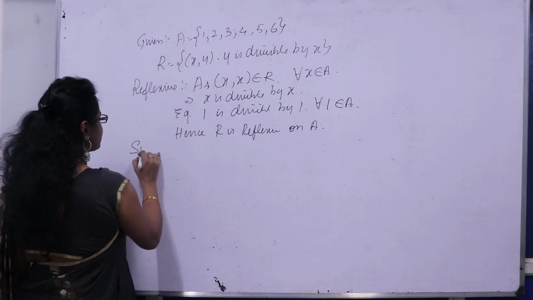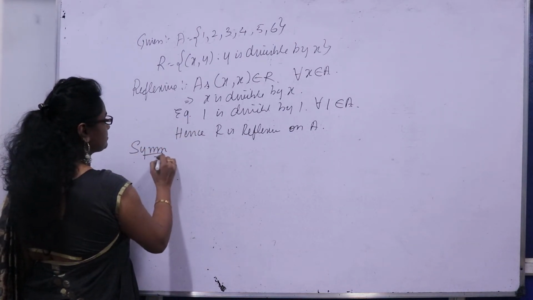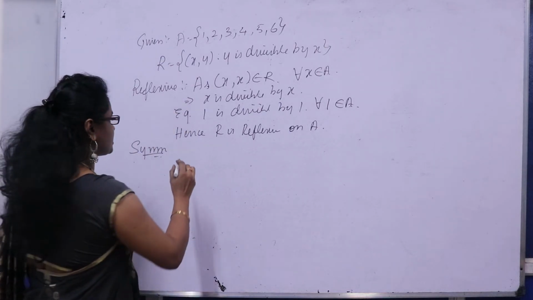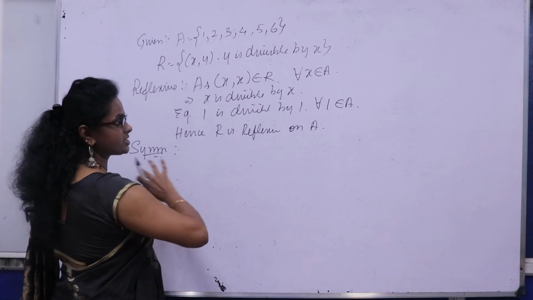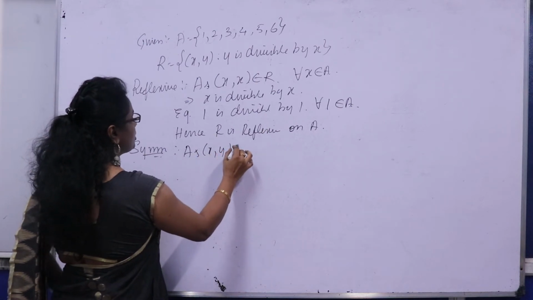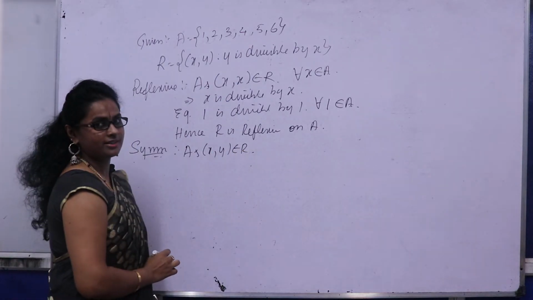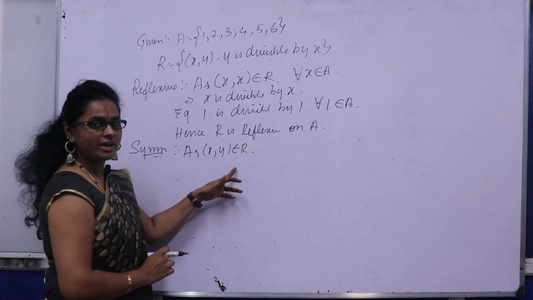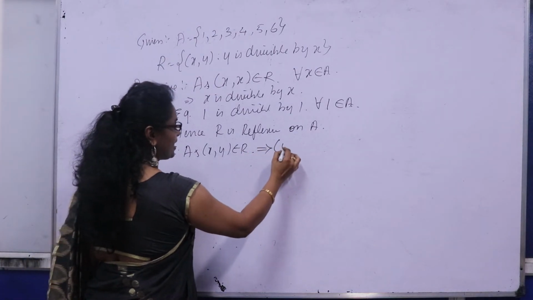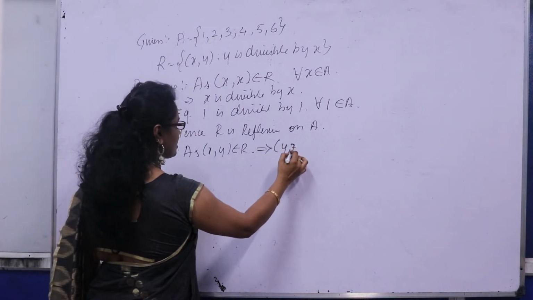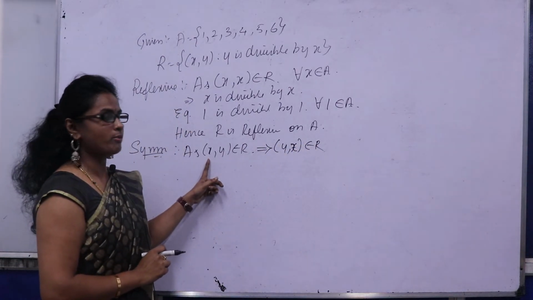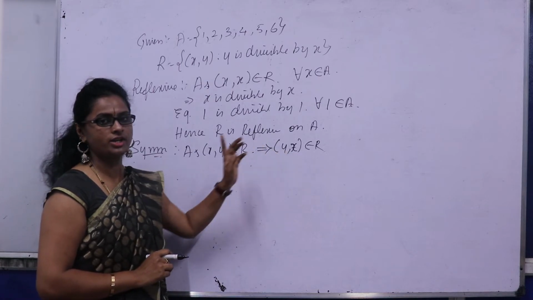Now, the next thing is symmetric. Do we have any symmetric condition? Let's see, what does the symmetric definition say, the normal mantra? As x comma y belongs to R must imply y comma x belongs to R. A student going from college to house, house to college.